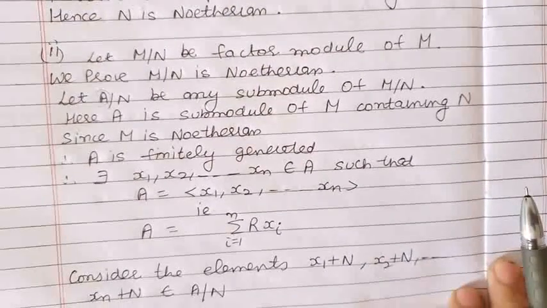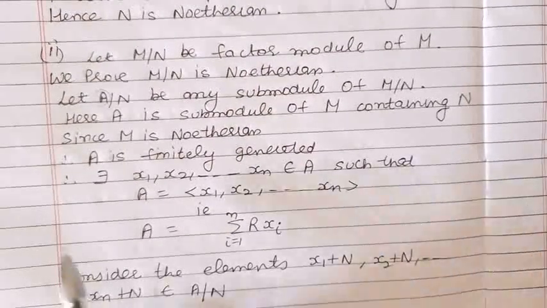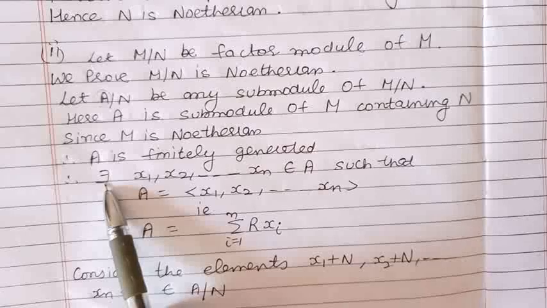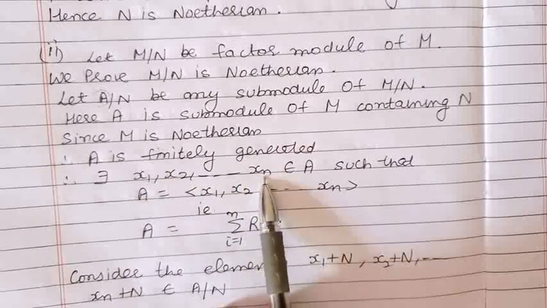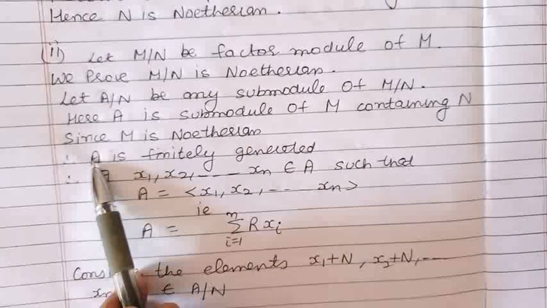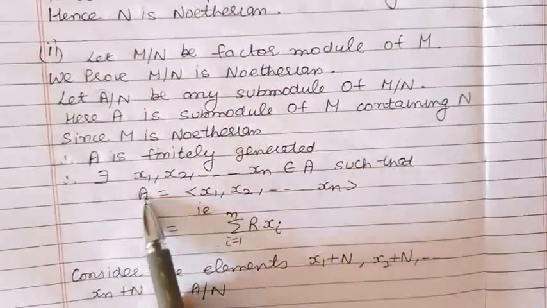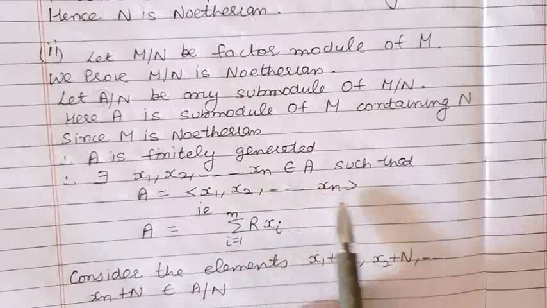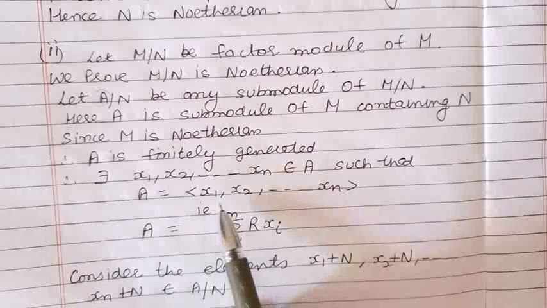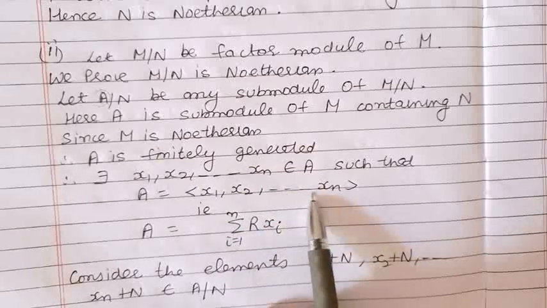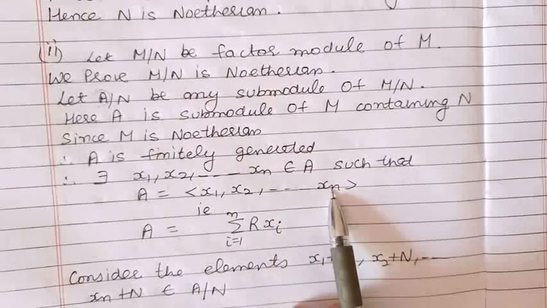So by definition of finitely generated module, there will exist a finite number of elements, say x1, x2, x3 and so on up to xn belonging to A, such that A is generated by these elements. So we have taken A is generated by the elements x1, x2, x3 and so on up to xn.